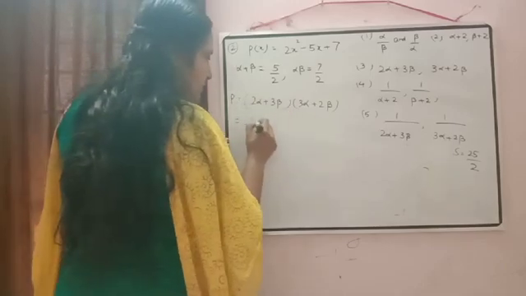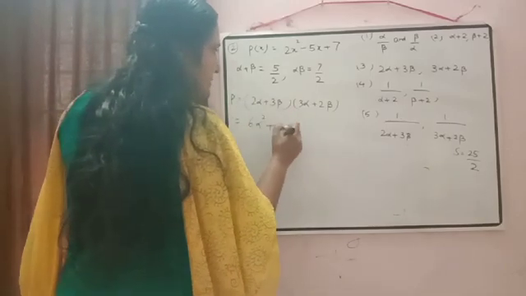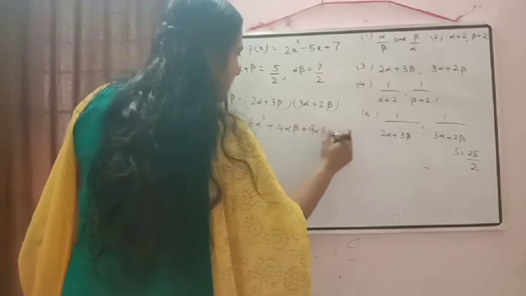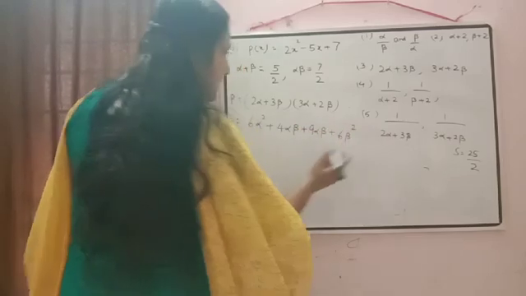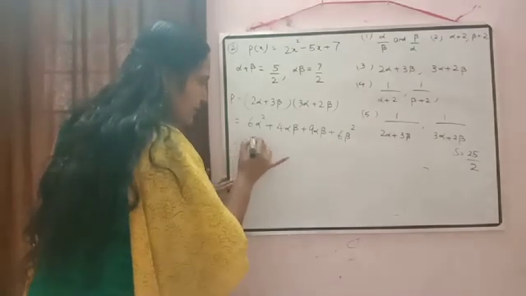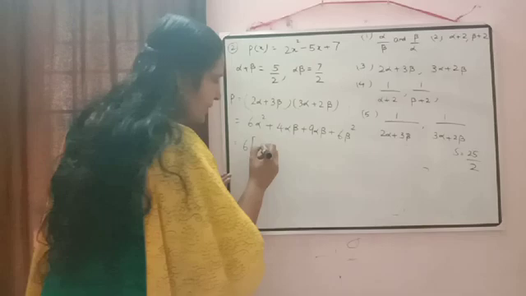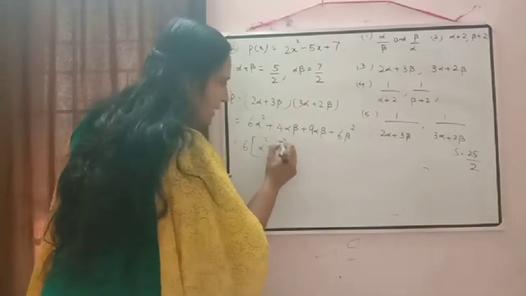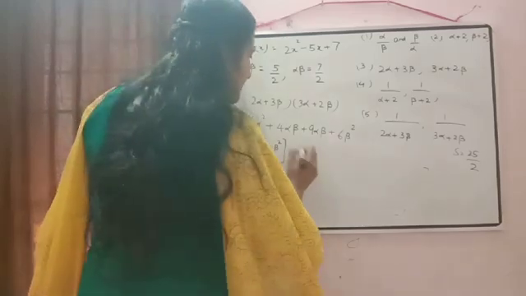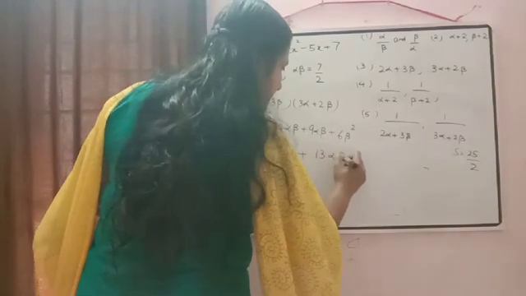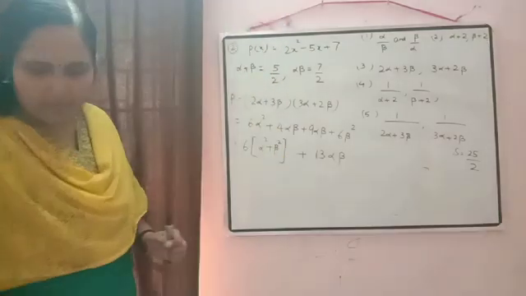It will be equal to 6 alpha square plus 4 alpha beta plus 9 alpha beta plus 6 beta square. 6 alpha square plus 6 beta square, from there we can take 6 common. Then inside the bracket it will be equal to alpha square plus beta square plus 4 alpha beta plus 9 alpha beta will be equal to 13 alpha beta.